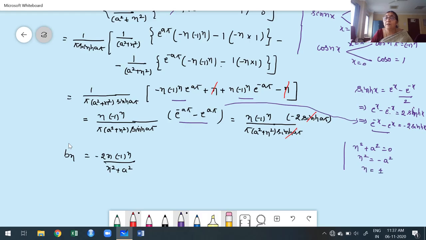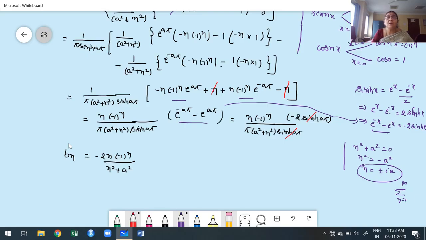Plus or minus ia. Suppose a is a real number, maybe negative or positive, we get n as an imaginary value. But our summation n starts from 1 to infinity, a set of positive integers. Even though we give a positive or negative value for a, we get an imaginary number, but no imaginary number is involved in our summation 1 to infinity.